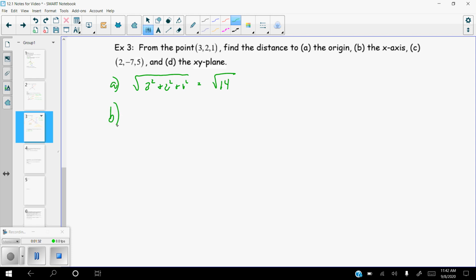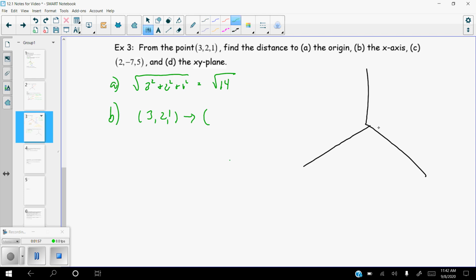Now I want to find the distance from 3, 2, 1 to the x-axis. Well, that means that I want to go from the point 3, 2, 1 down to the x-axis. Let me sketch what this would look like.